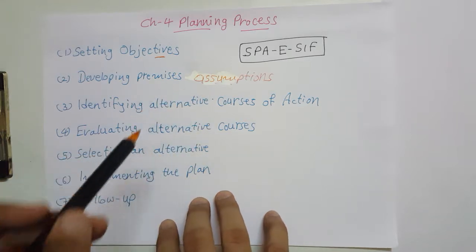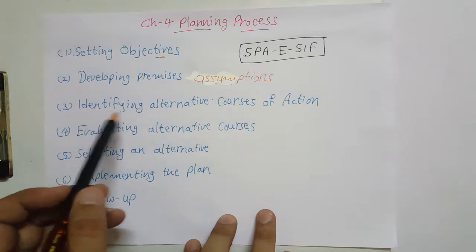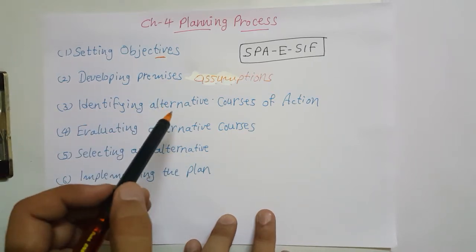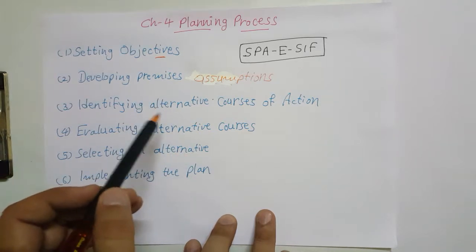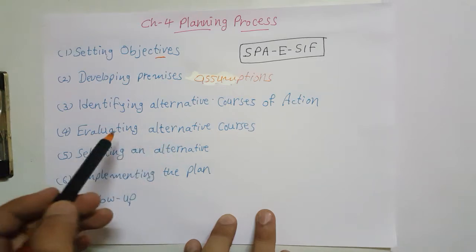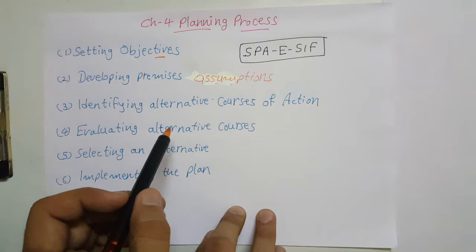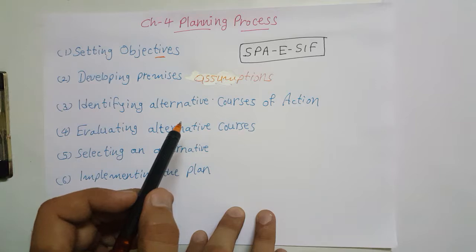All right, so next one is evaluating alternatives. After we have the list of different alternatives, suppose 10 alternatives are there, 10 different ways by which we can achieve our goal, each and every alternative will be evaluated in the light of cost, capital requirement, material requirement, and staff requirement.